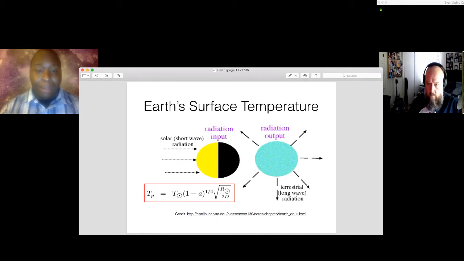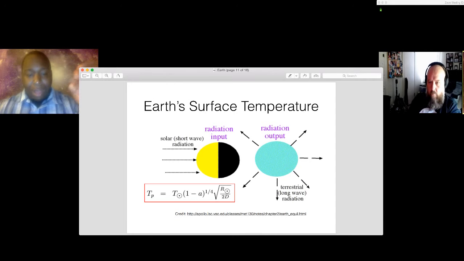If you were to look at the blackbody curve for the sun, you notice that a lot of the light that it emits is within the visible portion of the electromagnetic spectrum. And so we have a lot of this light hitting half of our planet and heating up our planet. However, our planet itself also re-radiates the energy that it receives.